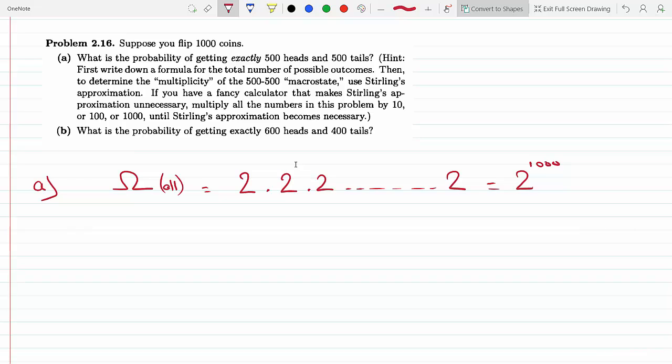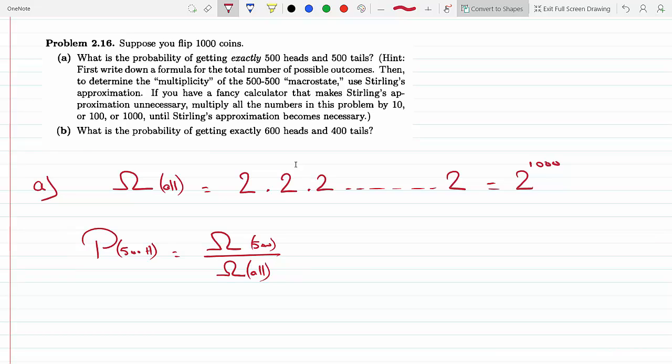Okay, now if I'm trying to do 500 heads and 500 tails, the probability of 500 heads will just be the multiplicity of getting 500 heads divided by the multiplicity of all.